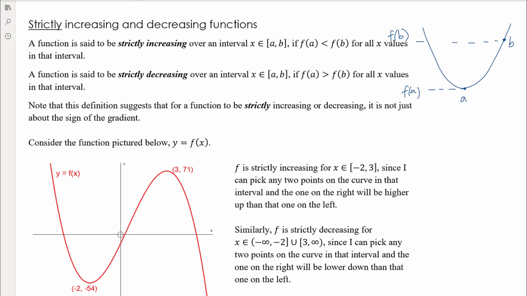So in this instance, if I pick a and b as being this value and this value, it is true that f of a is smaller than f of b. That is, the point to the left is lower down than the point to the right. Okay, so it's certainly strictly increasing from a to b, including a and b. And b could be any point up anywhere here. So let me make this a cubic perhaps so we can see a bit more clearly. So let's say I've got a cubic.